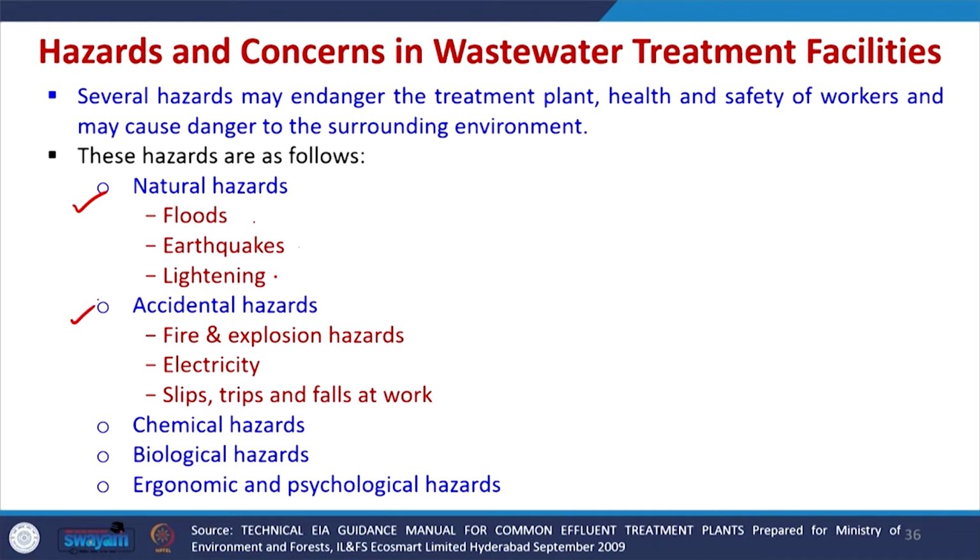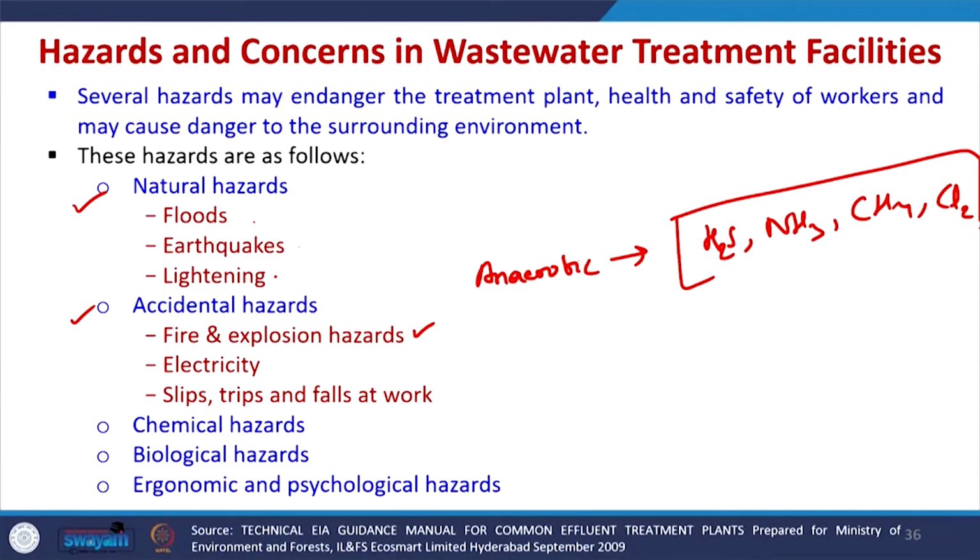Remember, in many places anaerobic conditions are prevailing. Under those conditions we may get H2S, ammonia, CH4, and chlorine also. Any of these treatment strategies may generate these types of gases, and their concentration may be high.